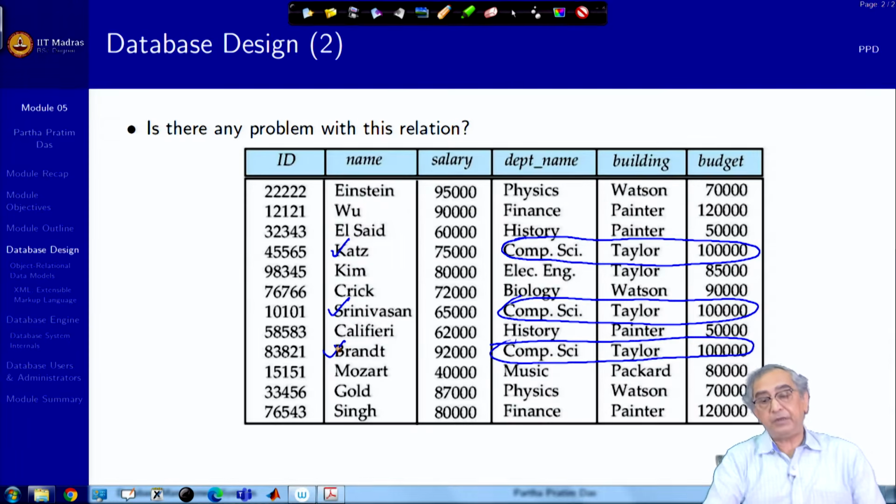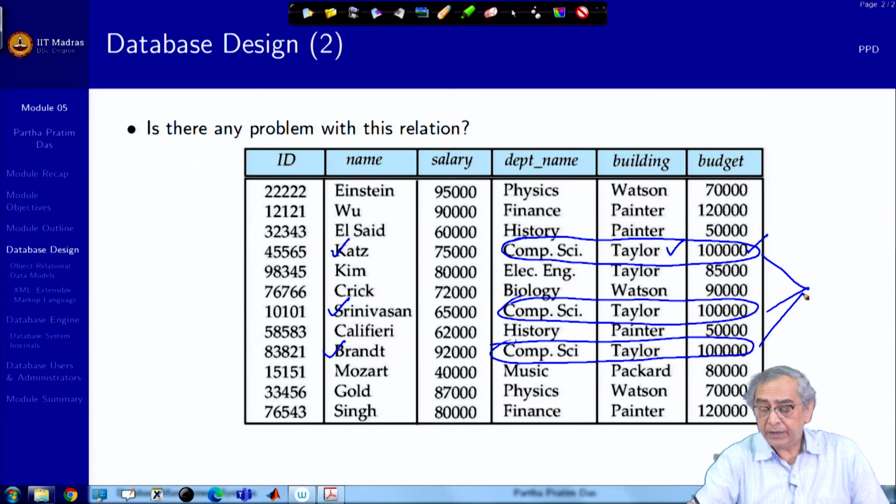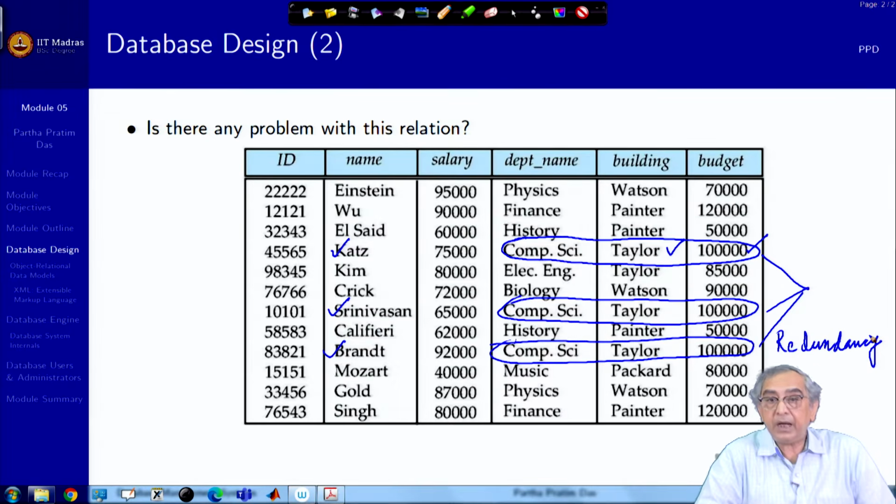Now, obviously, given the computer science department, the fact that it is housed in building Taylor cannot change across the faculty, or its budget cannot change across the faculty. So, what we have here is what I will say is redundancy. We have redundant data coming in here, the same data being repeated multiple times, and this is not specific to computer science.